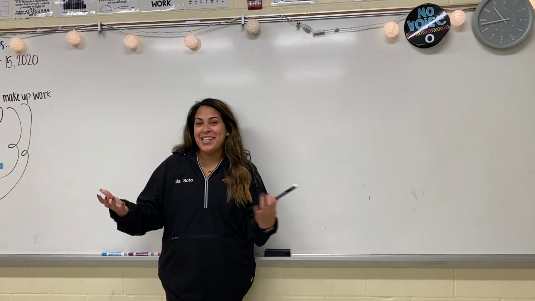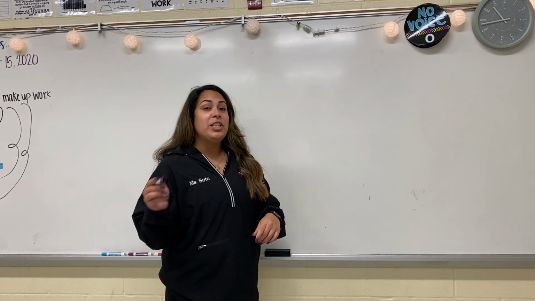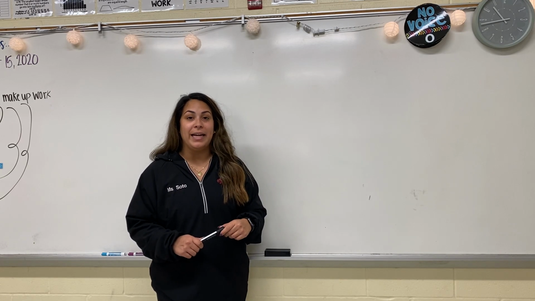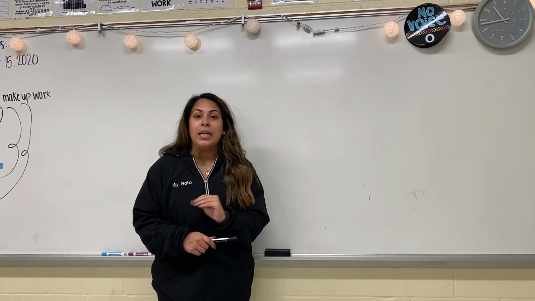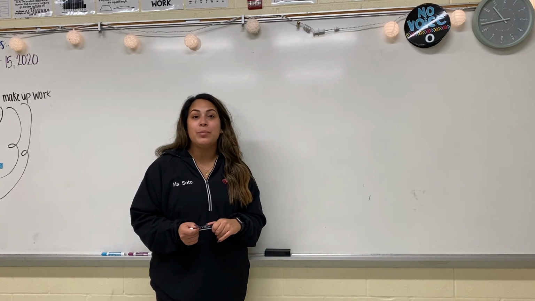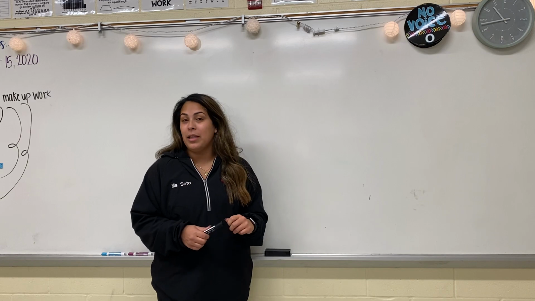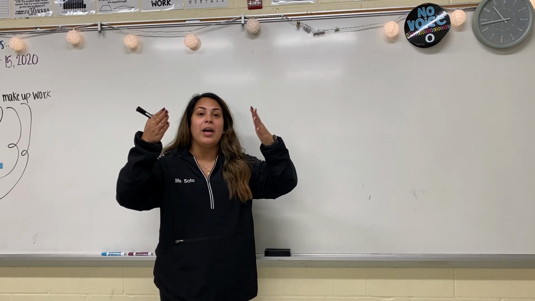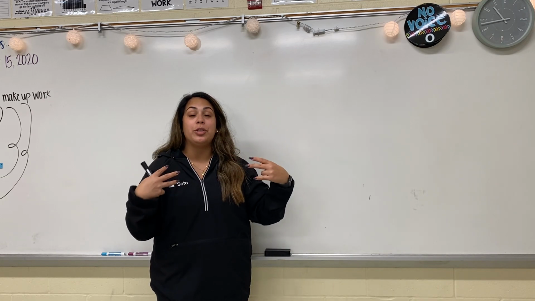So let's get started. The first thing I want to say about multiplying and dividing decimals is the difference between that and adding and subtracting decimals: the decimal point does not have to be lined up. When we multiply or divide, our place values do not have to be lined up to do the math.